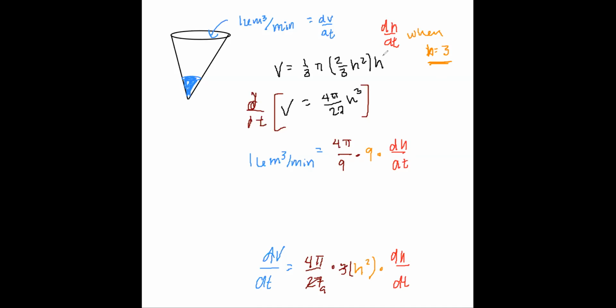And this is 3 meters, so this is meters squared. So I'm going to smash these together and I'm going to end up with 4 pi meters squared times dh dt.